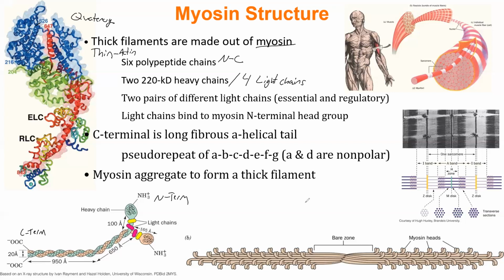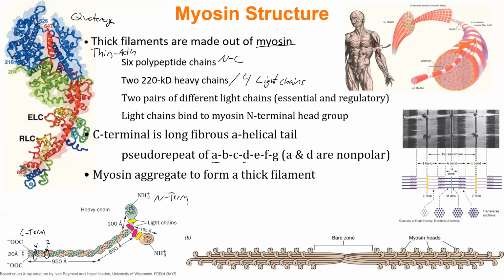And for myosin, position A and D, so the first amino acid and the 4th amino acid, will always be nonpolar. And that's because that's where we're interacting, right? So for example, where the 2 chains overlap, right there could be the first position, and then right here could be the 4th position. We want these chains to interact, and the easiest way for that to happen inside the cell is to just make them hydrophobic, and water will automatically stick them together.